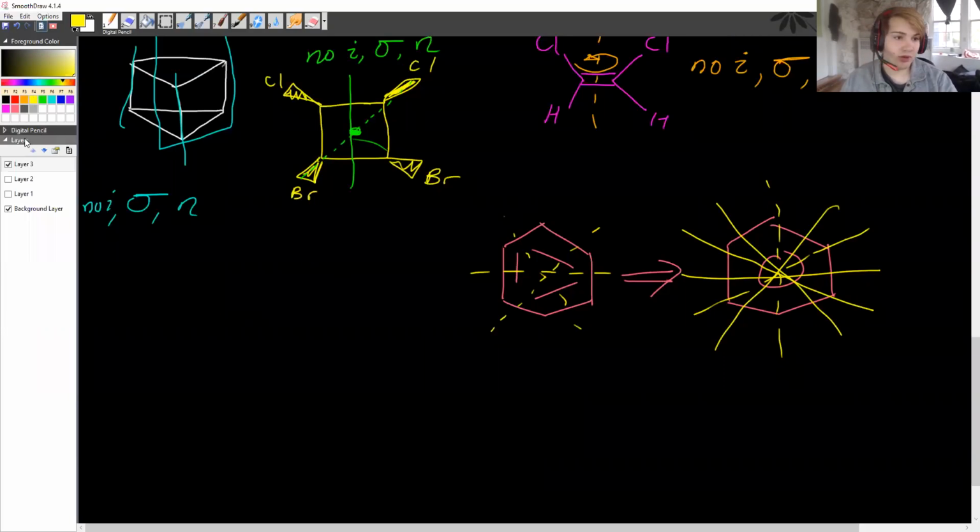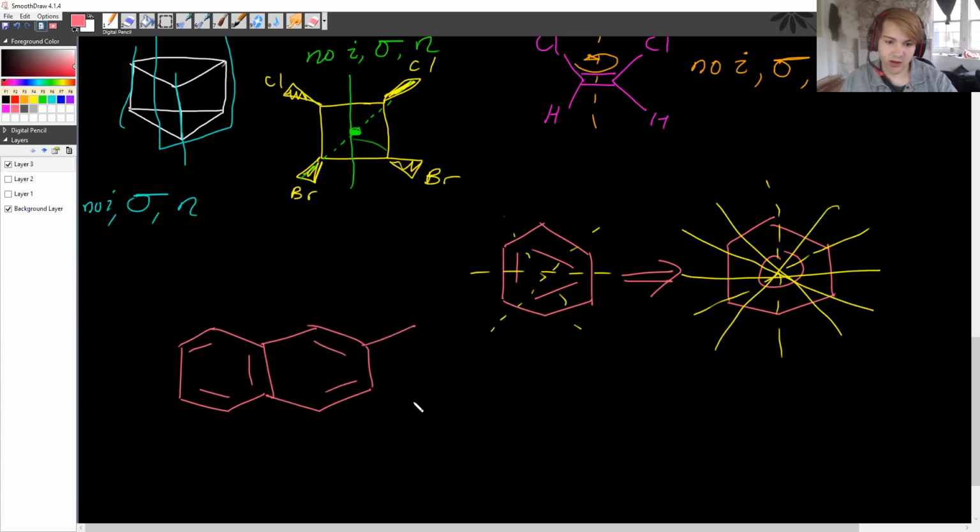Why this is important is because if, let's say for instance, you had a molecule that was written like this, you'd say, okay, I can identify the plane of symmetry here, but you'd miss the one that's here, because you'd say, but I expect to see a double bond there.